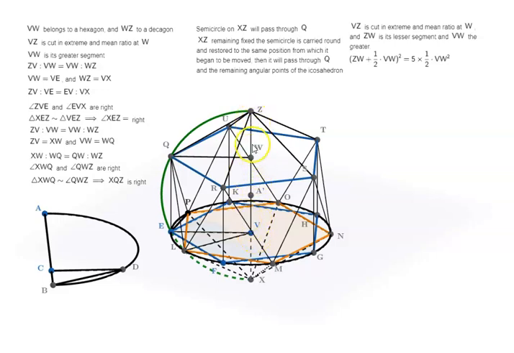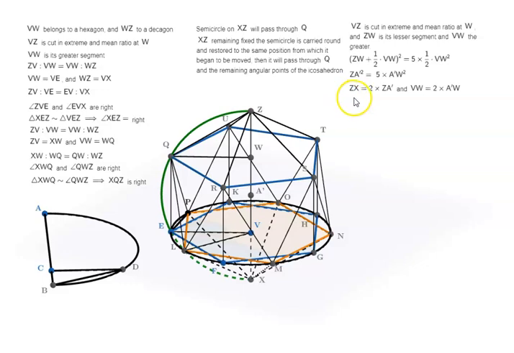So ZW plus half of VW, the whole square, is equal to 5 times half of VW square, which basically means ZW plus half of VW is WA prime, which is nothing but ZA prime. So ZA prime square is equal to 5 times half of VW, half of VW is A prime W, so A prime W square.